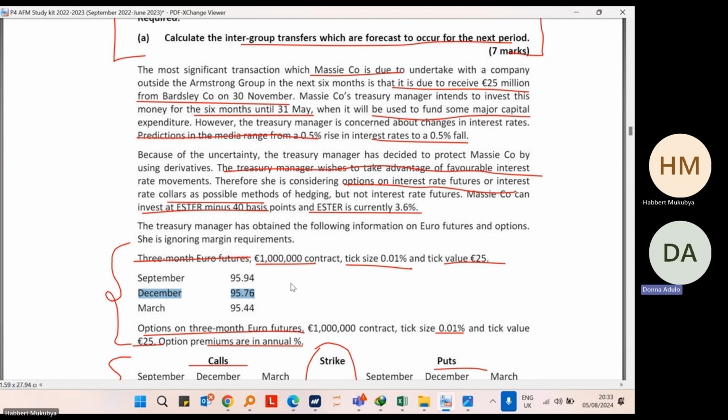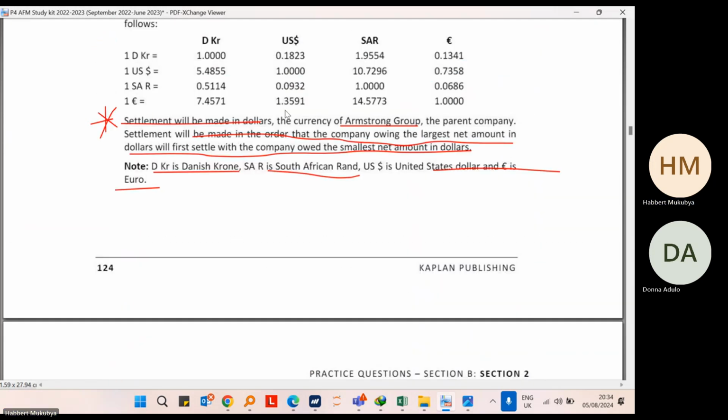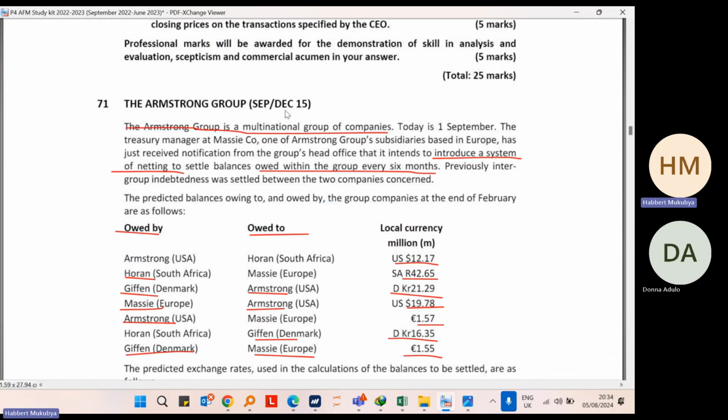This date of November is when we are going to receive the money, so I don't think it can be the current date. And then May 31st is the date when we are going to invest from November until May. So both of them are not the current date. And that's why I went back to this question, because they're saying that today is 1st September.